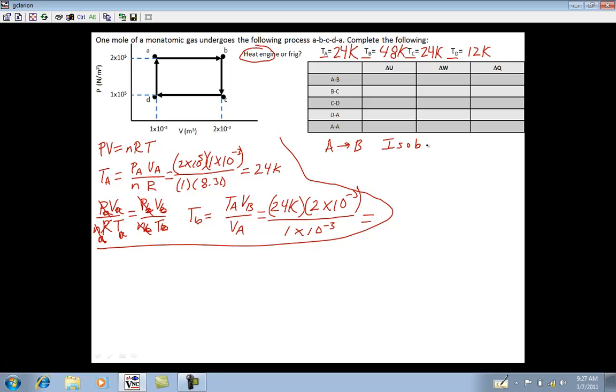So we've got to remember when we're solving an isobaric process, delta U is still always 3/2 nR delta T, but because PV equals nRT, it also equals what?